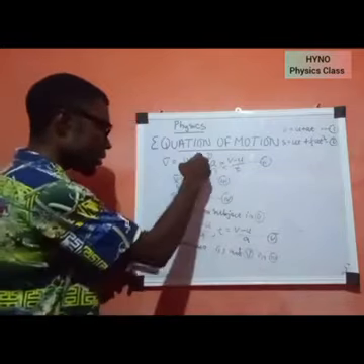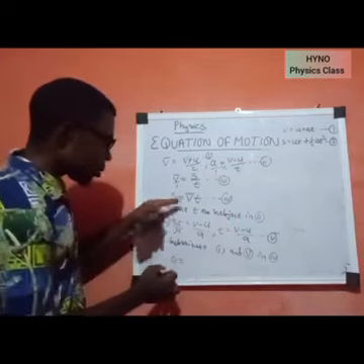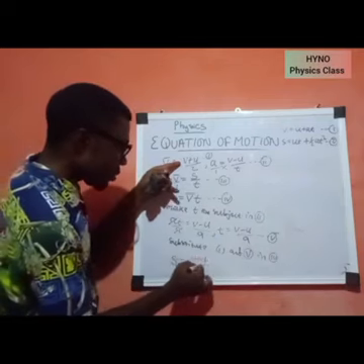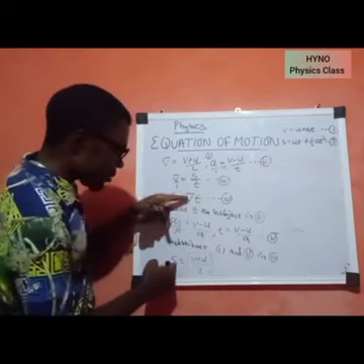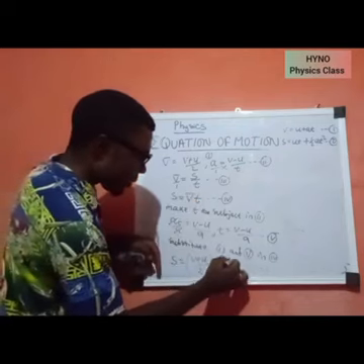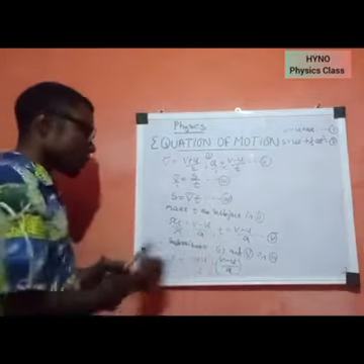We substitute this and this into this. So s equals, what is our average velocity? That is v plus u over 2 times t. s is equal to average velocity times t, and t is v minus u over a. So you see this now.